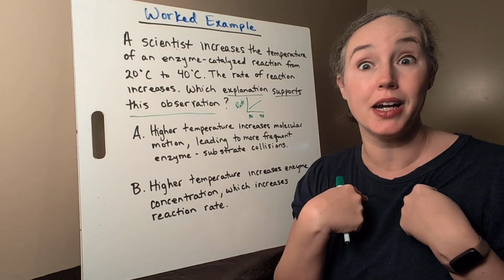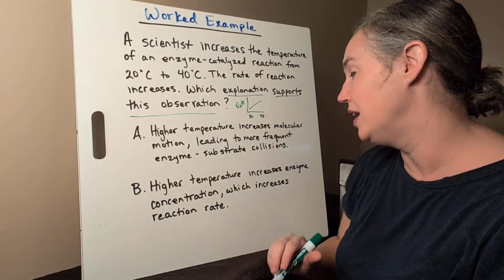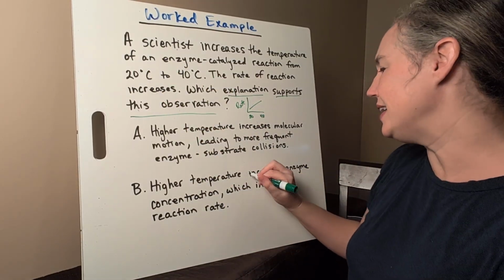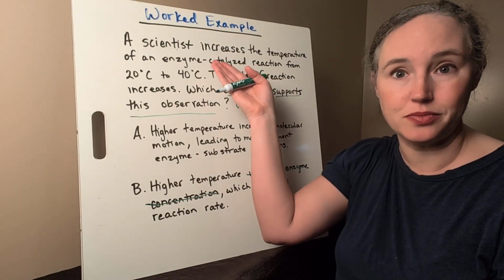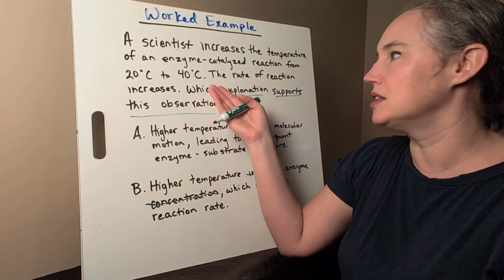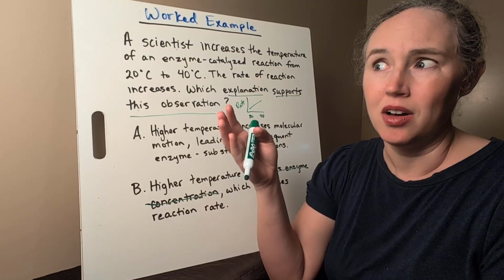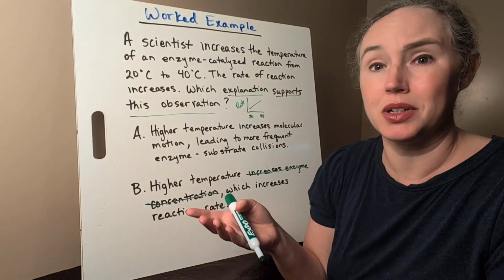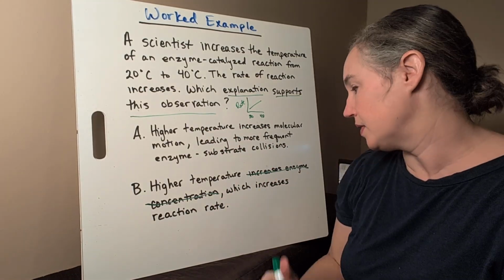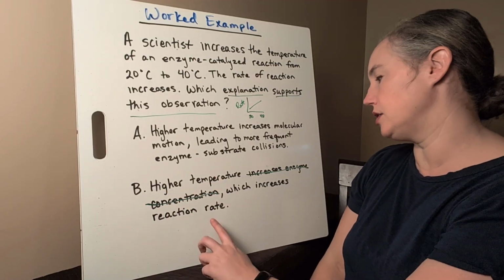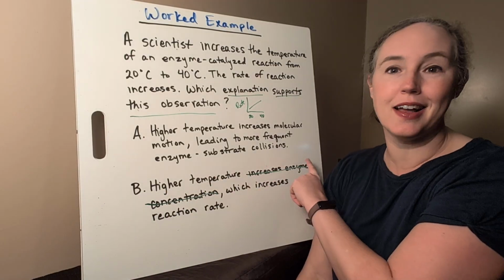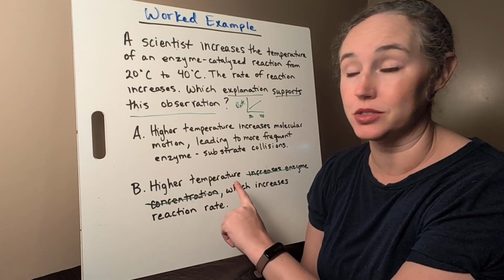Again, you could chase it down a rabbit hole and get there, but this is not really supported by the data in the question. And at 40 degrees, it would take a while to really significantly change enzyme concentration. So yes, higher temperature increases reaction rate, but it doesn't necessarily increase enzyme concentration.